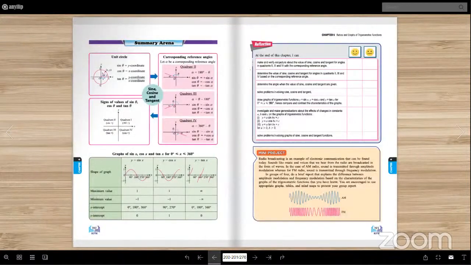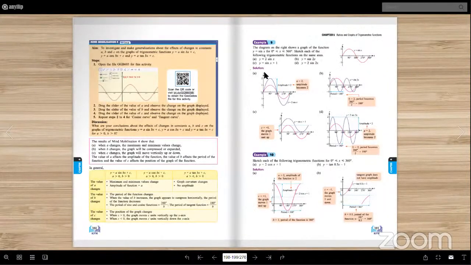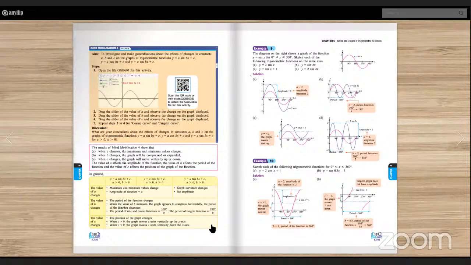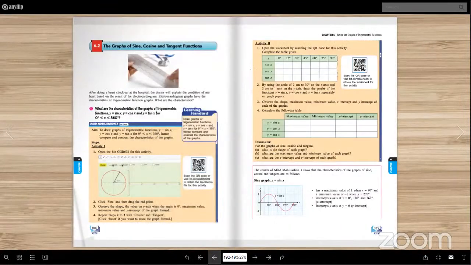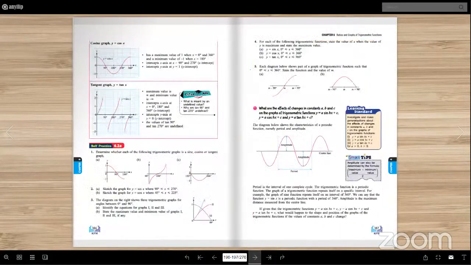I think I've seen this when I was studying physics. Directly proportional, inversely proportional, you can see that in physics a lot.